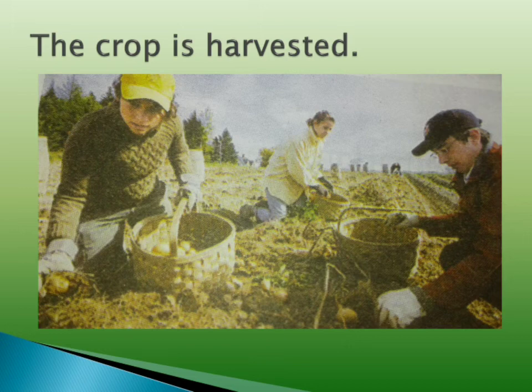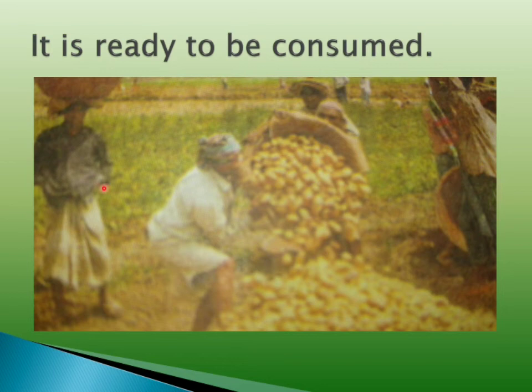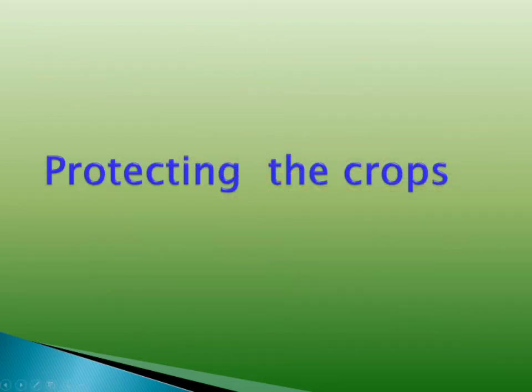Okay, so it is ready to be consumed. This is the last stage. It is ready to consume. Now we saw the different stages of agriculture, no? Now we will see how to protect the crops.